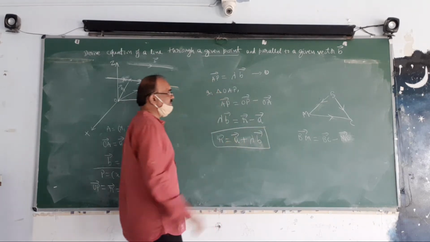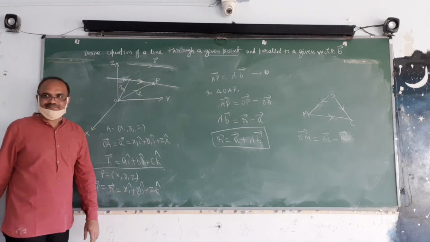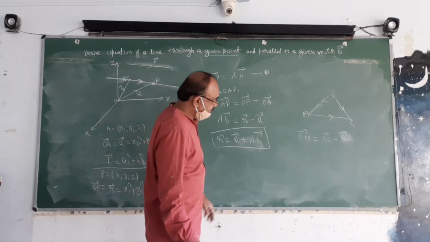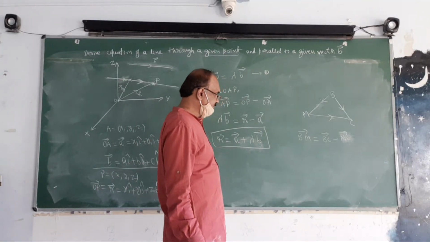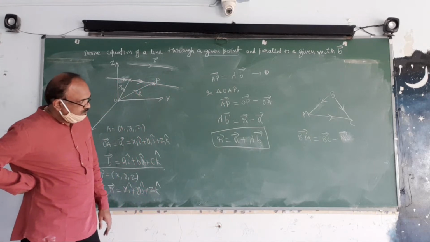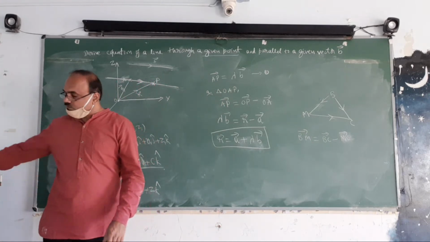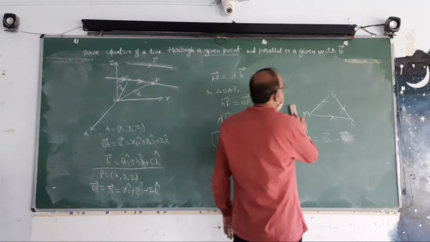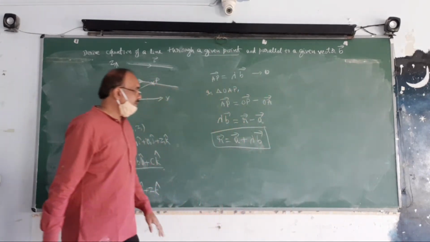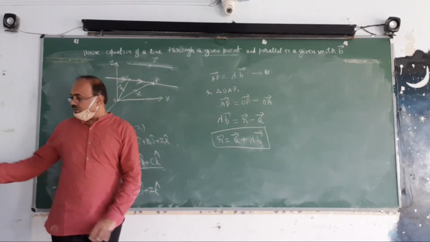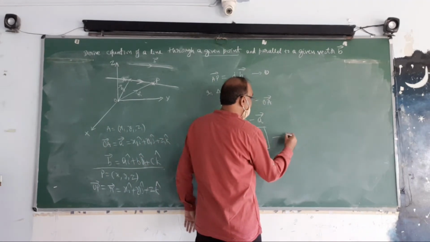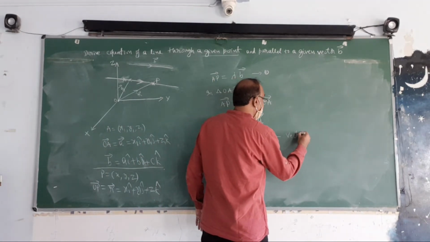This is your equation of the line in vector form.